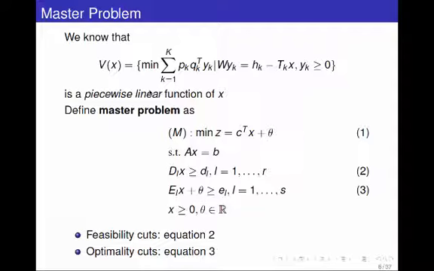Let's draw the two lines. We have A1x plus b1, and this could be A2x plus b2. What am I doing in this linear program?